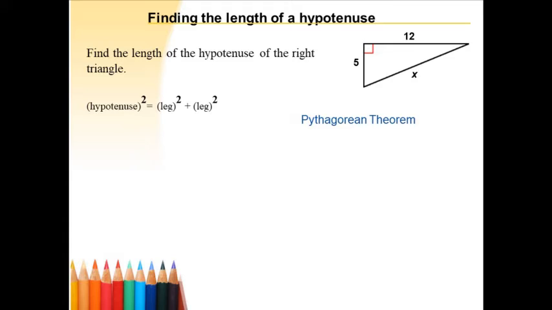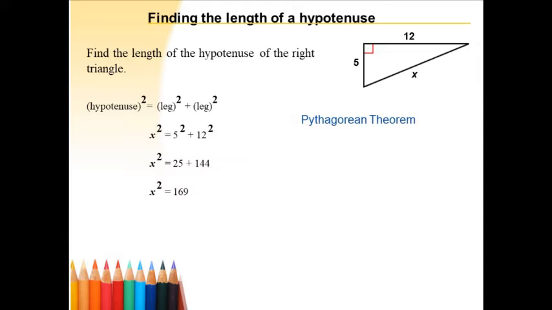So we plug that into the Pythagorean theorem. x squared equals, what is the length of the leg? 5 squared plus, what is the length of the other leg? 12 squared. Simplifying, we have x squared equals 25 plus 144. Combining the right side, we get x squared equals 169.